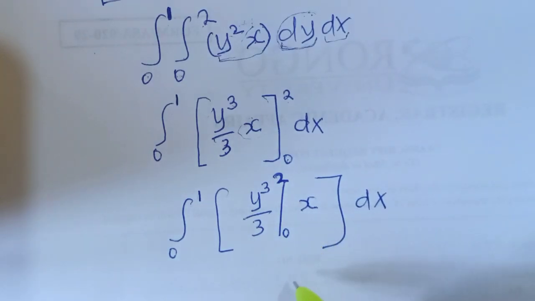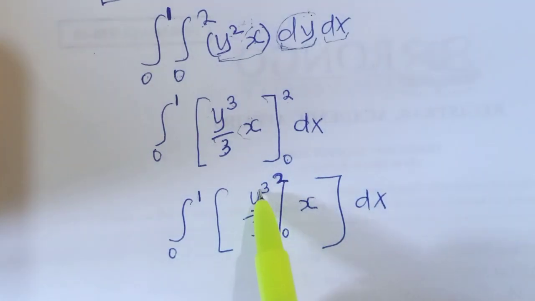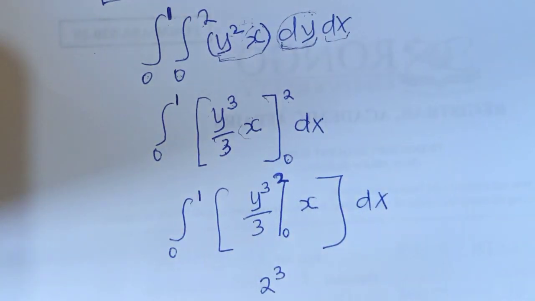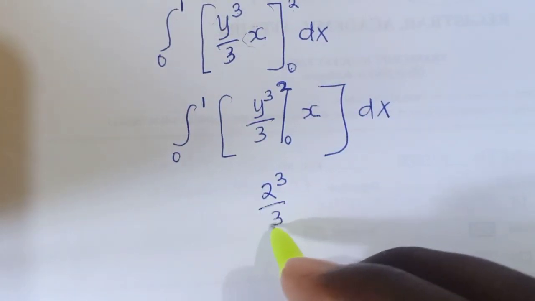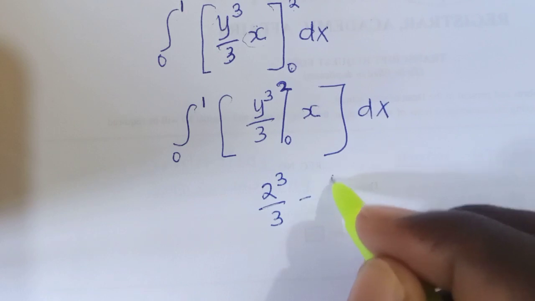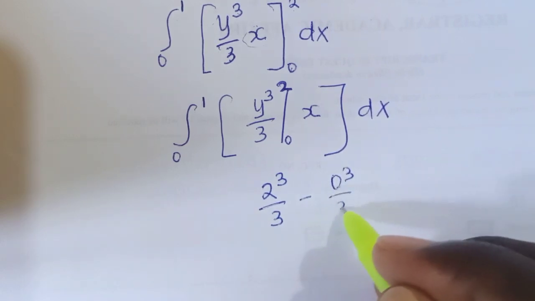Now, if I fix 2 here, instead of y, I will have 2, so it will be 2 cubed over 3 minus 0 cubed over 3.